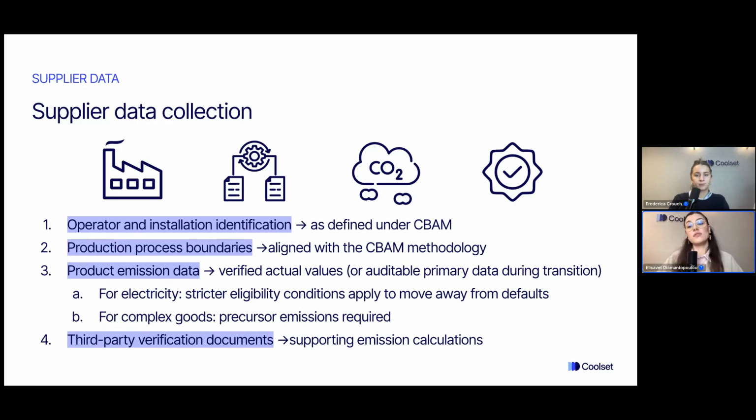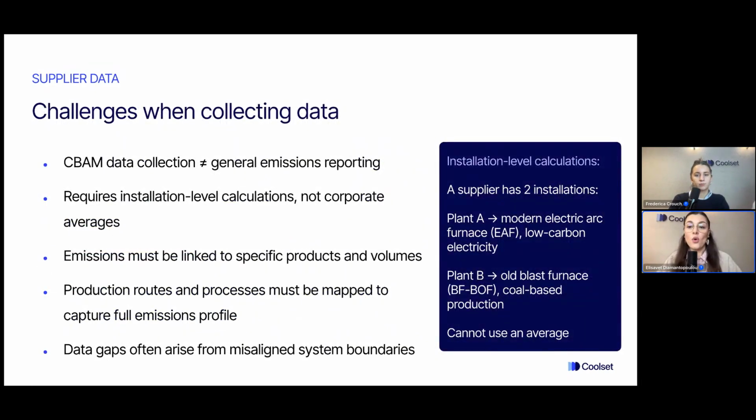But there are a lot of challenges in collecting this data. So first of all, there is a fundamental difference between collecting data for carbon reporting versus data collection for CBAM. General carbon reporting usually uses the corporate averages using the emission factors that we can find in databases. But for CBAM, you need the actual activity data from that installation.